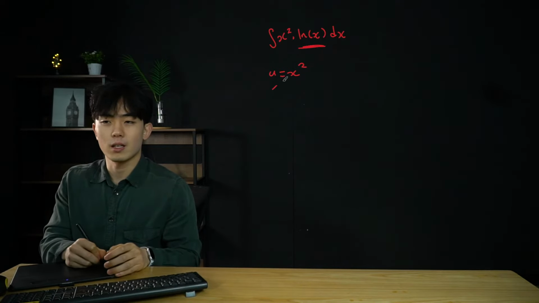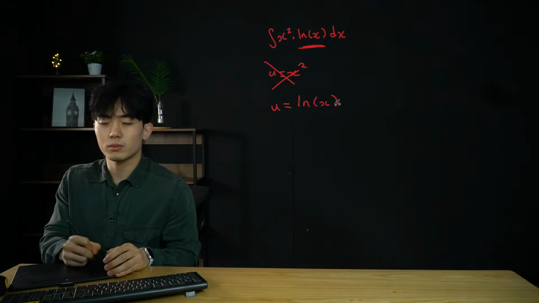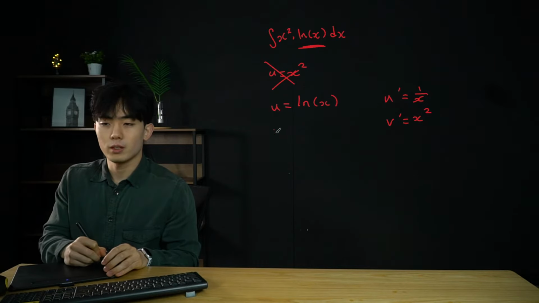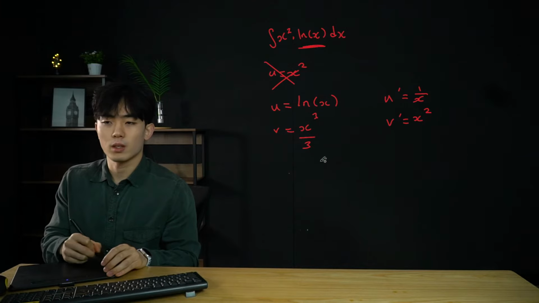So in this case, instead of u being x squared, we're going to put u equal to ln x, and therefore our v prime is going to be x squared. If we differentiate ln x, we'll just get 1 over x. And integrating our v prime, we get v equal to x cubed over 3.